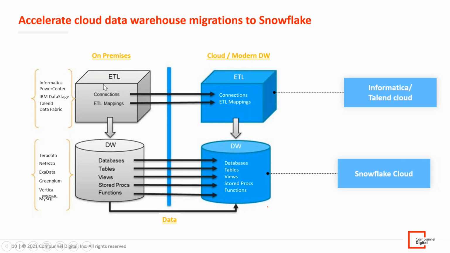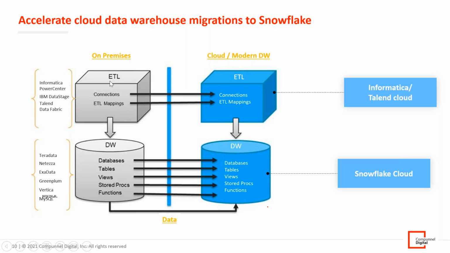If you see, the very left side is the on-premise ETL and then the data warehouse. ETL, extraction, transformation, and loading technology, has many tools and platforms available to support it, like Informatica PowerCenter, IBM DataStage, Talend Data Fabric, and of course many other tools, but I mentioned very few here.